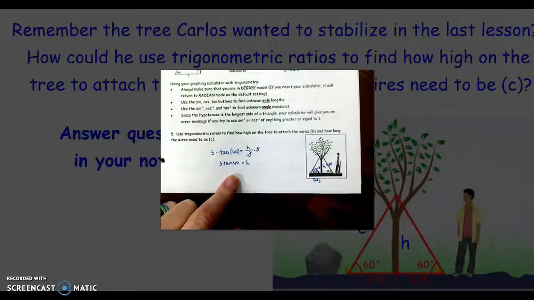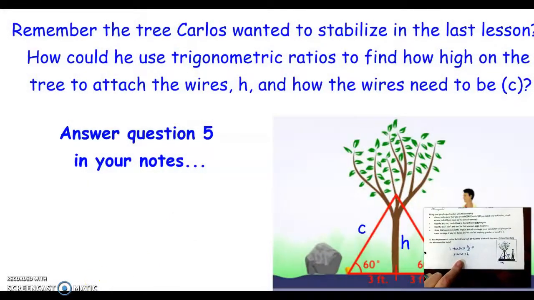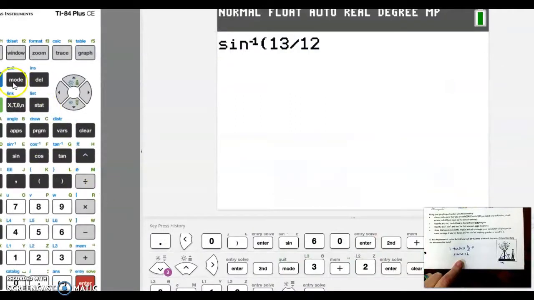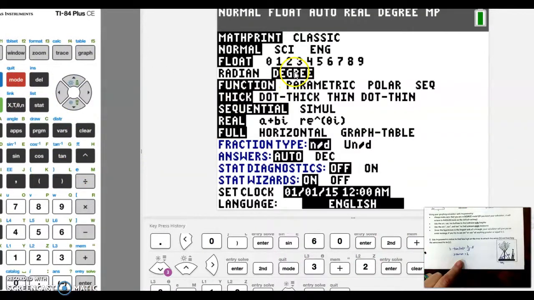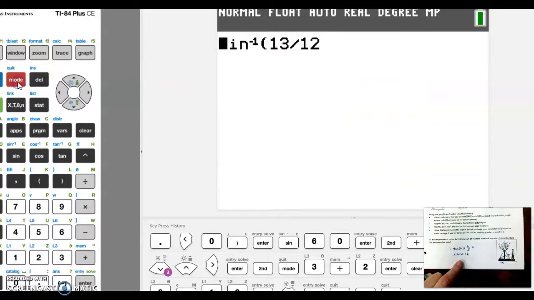So that's what we're going to put into our calculator. Again, just make sure you're in degree mode anytime you are doing trig of any kind in your calculator. Remember, pressing the clear button does not change the mode, but second plus 712 will. So I'm going to type in 3 tangent.